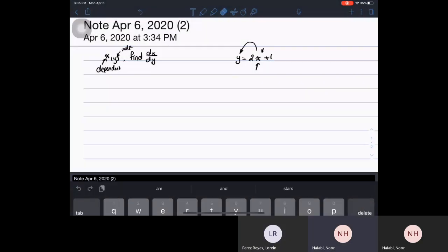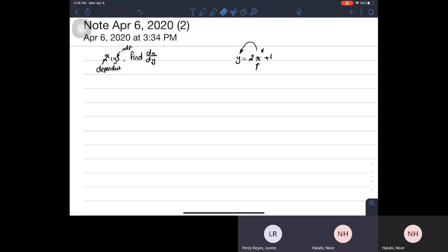But now, because they flipped around, my x is now my dependent variable. So now it's x is equal to 2y plus 1. Do you see what I'm saying? Yeah, I got it. So this is all that means.